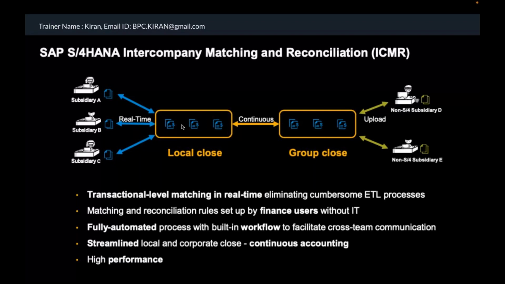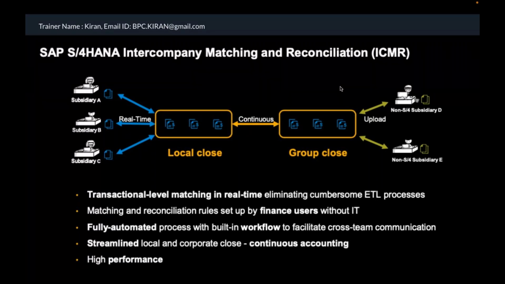SAP companies' intercompany data is available in ACDOCA, non-SAP companies' intercompany data is available in group close, and both together, we can get the data in the ACDOCM table, the group reporting ICMR application, and we can run the intercompany matching and reconciliation.